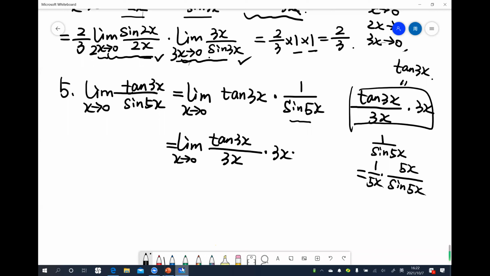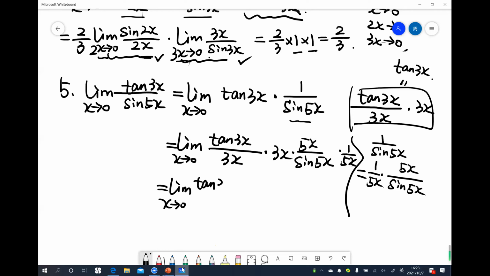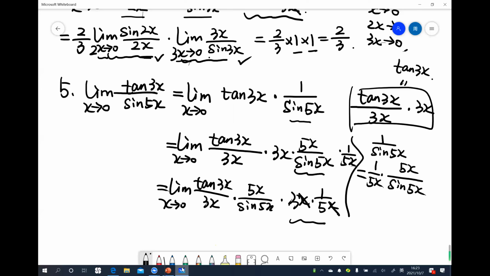So the second part I rewrite as 5x over sine 5x times 1 over 5x. Then it can be written as the limit as x approaches 0 of tangent 3x over 3x, and I put forward 5x over sine 5x, and then times 3x times 1 over 5x. Here x can be cancelled.